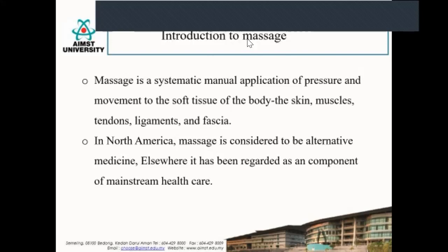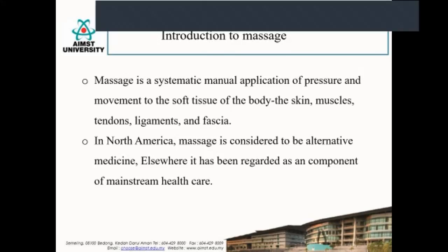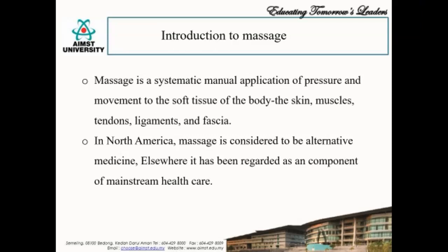Okay. So this soft tissue manipulation is called by different terms in various countries, and it is not a very new technique. It is a very old technique which has been used since ages, from very olden days, even before Christ, and it was used by many of our ancestors. So in North America, they use this massage as an alternative medicine. Alternative medicine means alternative to allopathic.